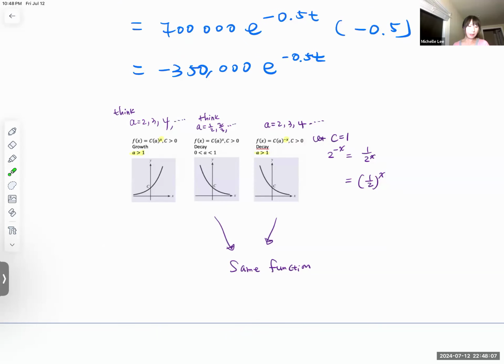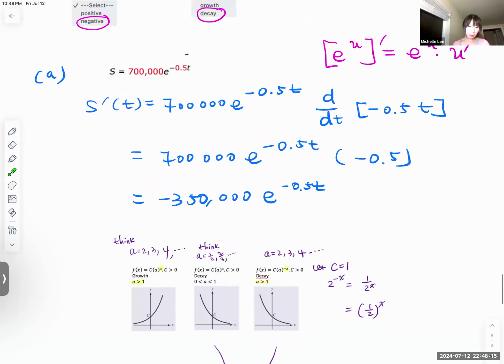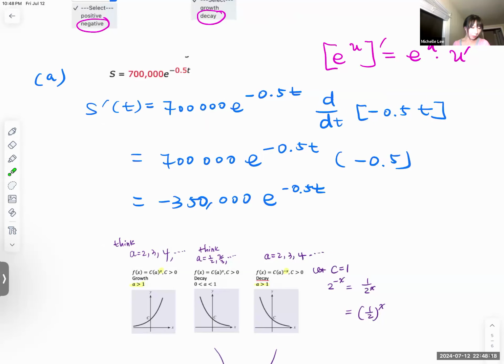If we have a positive exponent, that's a growth, right? So this is a decay. Let me write down: negative. Telling us. Yes.